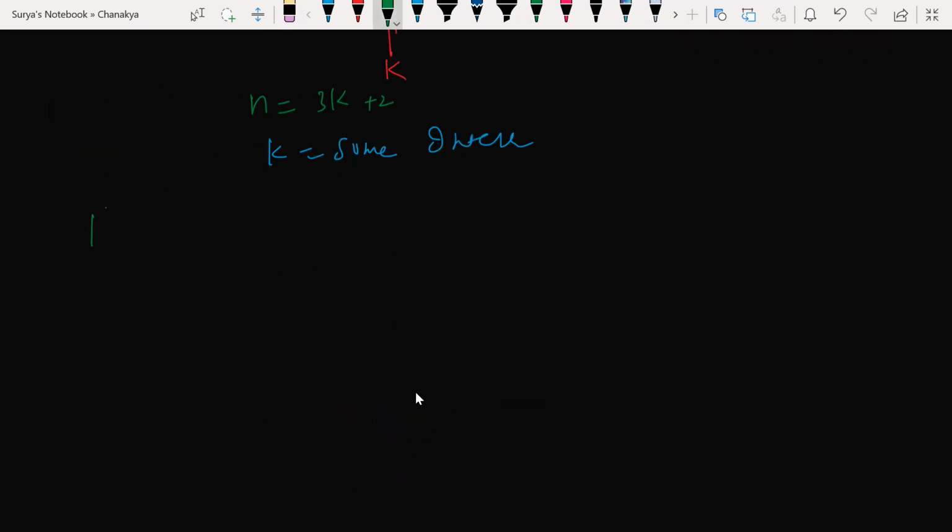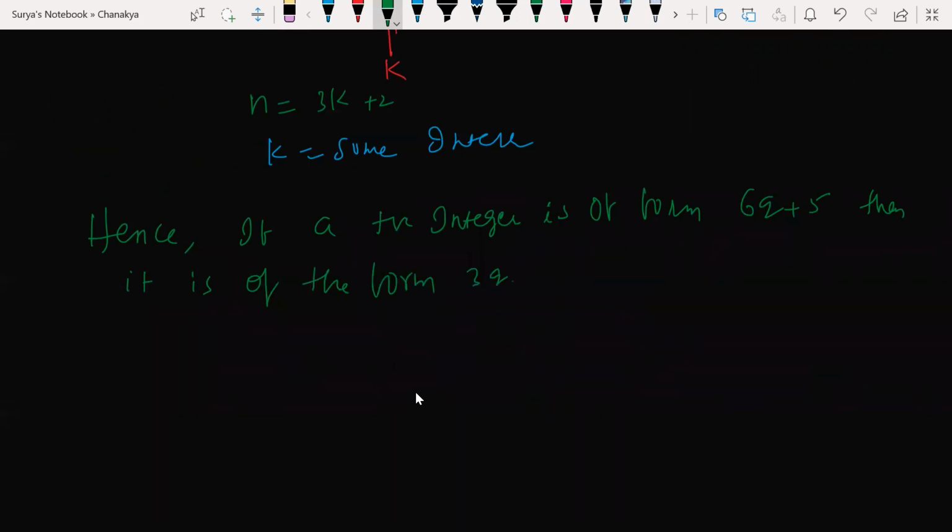So hence, if a positive integer is of the form 6q plus 5, then it is of the form 3q plus 2 for some integer q.